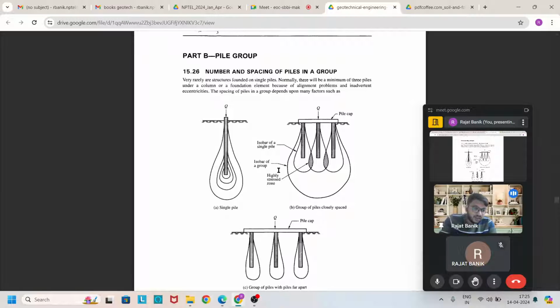So we have to design in such a way that these pressure bulbs should not overlap each other to get the maximum capacity of the pile group. For this we have to maintain a minimum spacing of the piles, which is mostly 2.5 to 3 times the diameter of the pile.